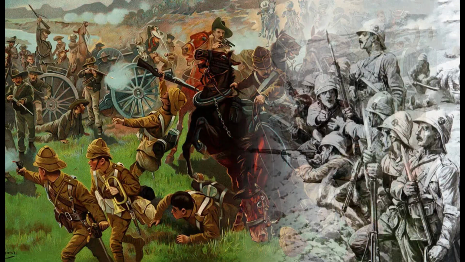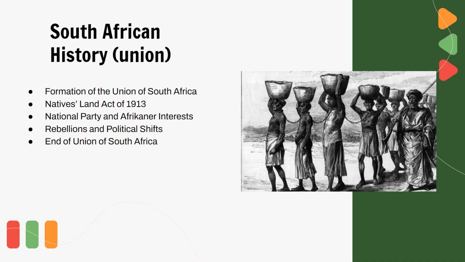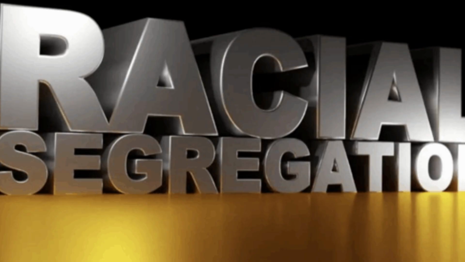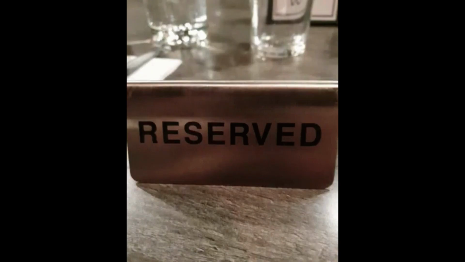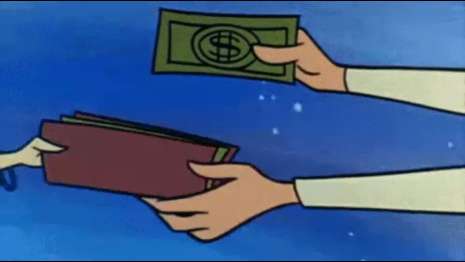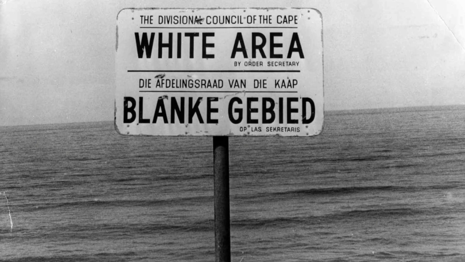post-Anglo-Boer Wars. The Union of South Africa emerged in 1910, uniting colonies into an independent nation, with the 1913 Native Land Act enforcing racial segregation, reserving a mere 8% of land for black occupancy.